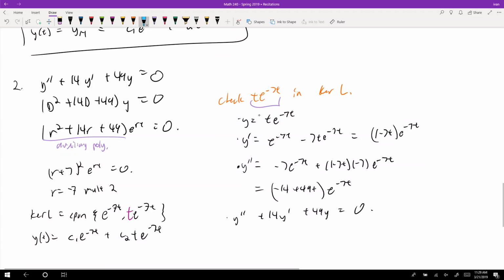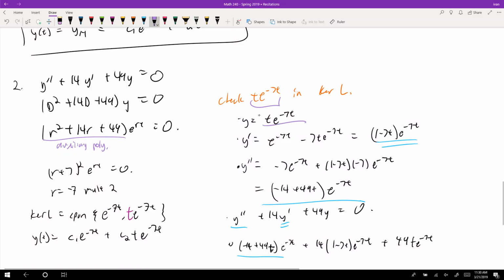So y double prime is equal to that guy, negative 14 plus 49t, e to the negative 7t, and then plus 14 times y prime, which is the second term up here, 14 times 1 minus 7t e to the negative 7t, and then plus 49 times t e to the negative 7t, which was what we plugged in for y.